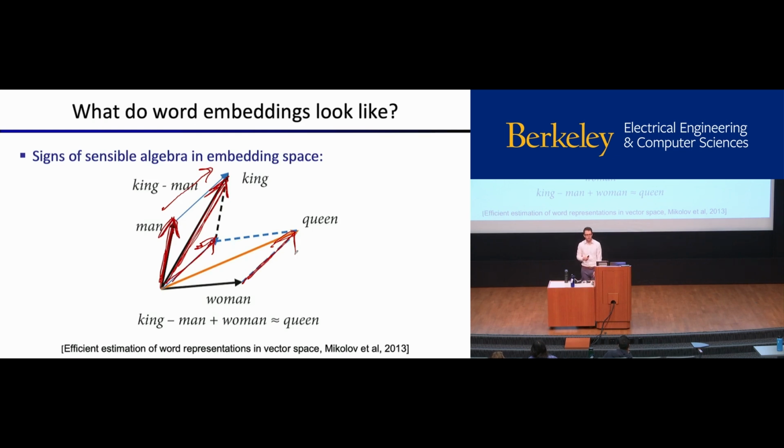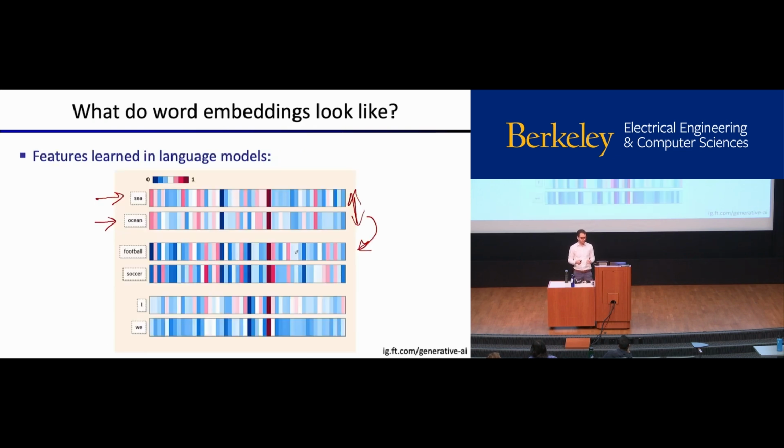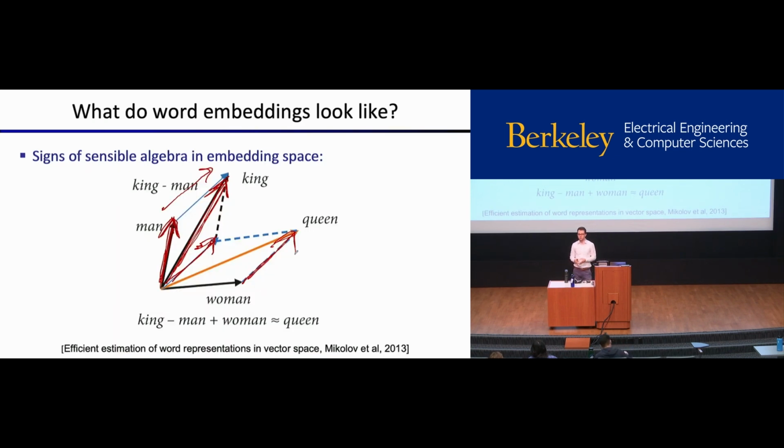Here's just one example. But if you were worried that this isn't capturing meaning, hopefully this illustration should convince you that there is some aspect of meaning being encoded in these word embeddings. Okay? Questions so far? Yes.